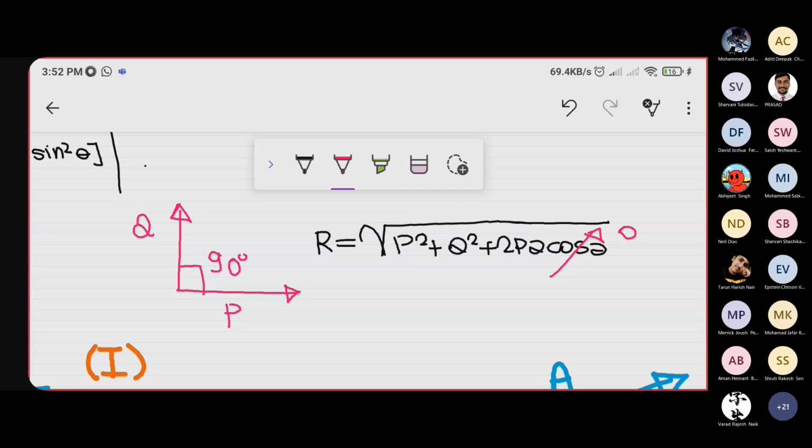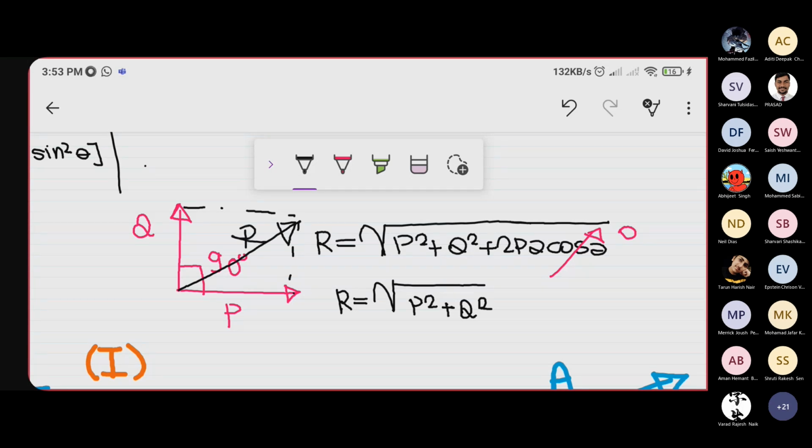That means what is the cross term? 0. Yeah, R is equal to the square root of P square plus Q square. And how is that resultant represented? Just complete this. So this is the resultant R.